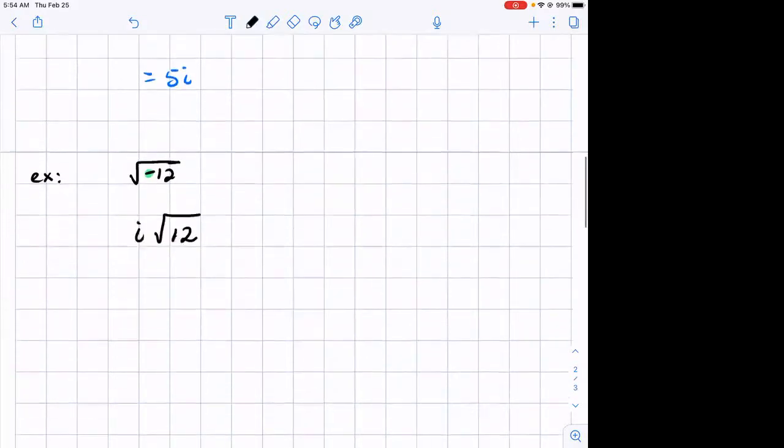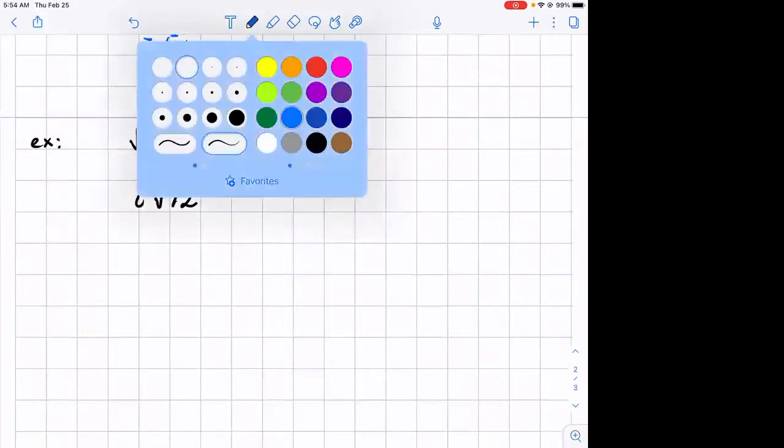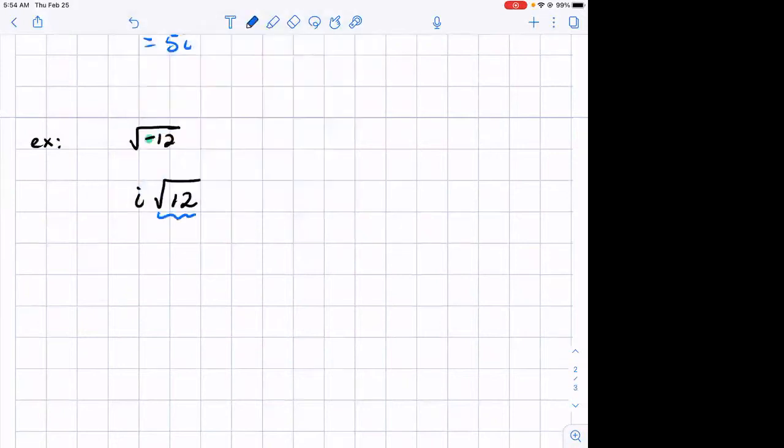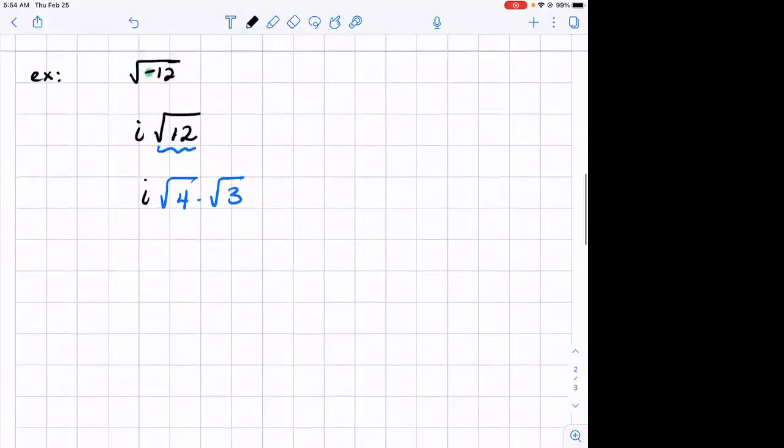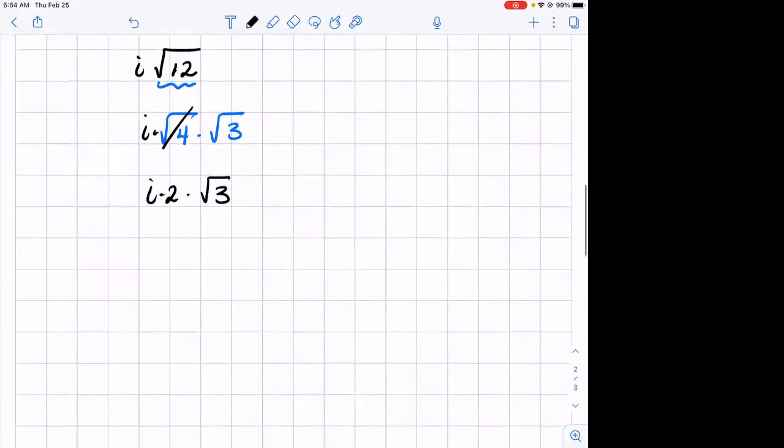And then you still have to simplify root 12, because root 12 is the same as root 4 times root 3. And don't forget I have to bring down the i. Then the root of 4 becomes 2. These are all multiplication, and the root of 3 we don't know. So we rewrite this as 2i radical 3.